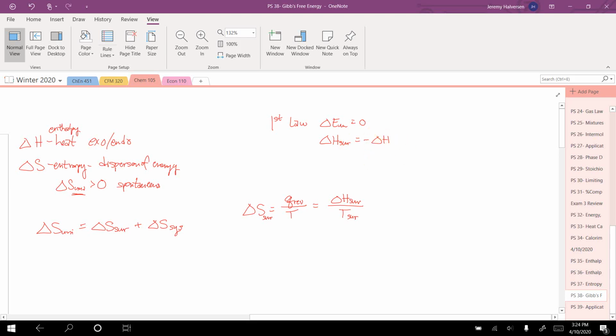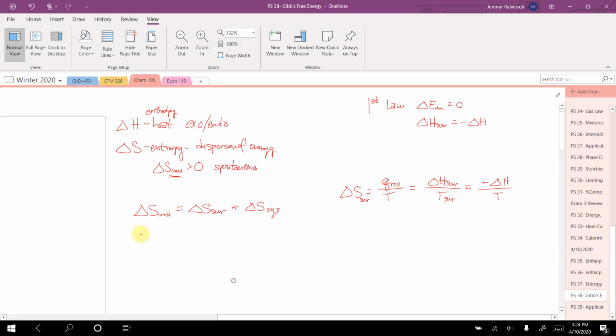If something leaves the system, it must enter the surroundings. If something leaves the surroundings, it must enter the system. So I can replace this delta H of the surroundings with negative delta H of the system, and I'm just going to write T. T of the surroundings isn't that big of a deal because that's usually what we measure, right? It's easier to measure T of the surroundings in the system. So in other words, delta S of the surroundings is equal to negative delta H of the system over T.